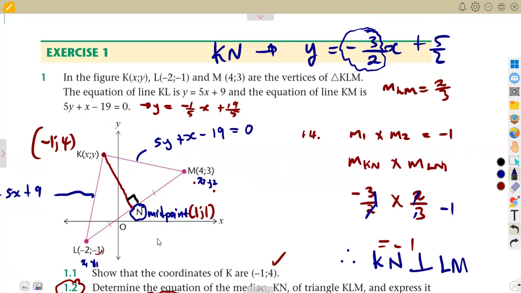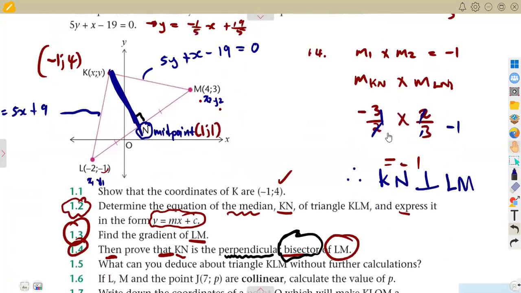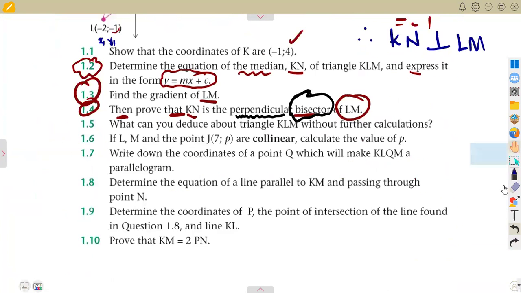All right, that is it. That is to say, KN is not just a bisector, but a perpendicular bisector. It bisects this line at 90 degrees. That is the idea there.